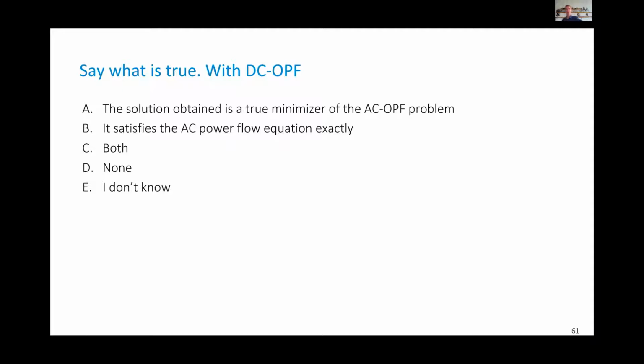And the vast majority says D, which is correct. The solution is not a true minimizer of the AC-OPF problem. It does not even satisfy the AC power flow exactly. It satisfies the DC power flow exactly, which as we've seen is a bit different. They ignore the losses, and therefore it is certainly not a true minimizer of the AC-OPF problem.